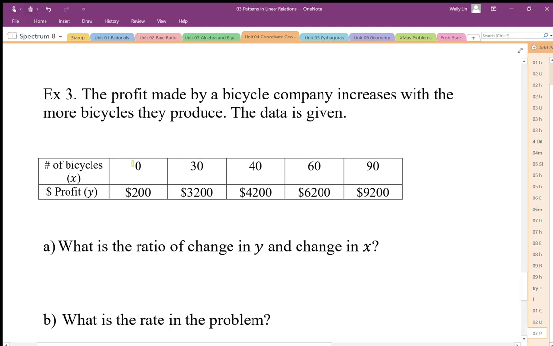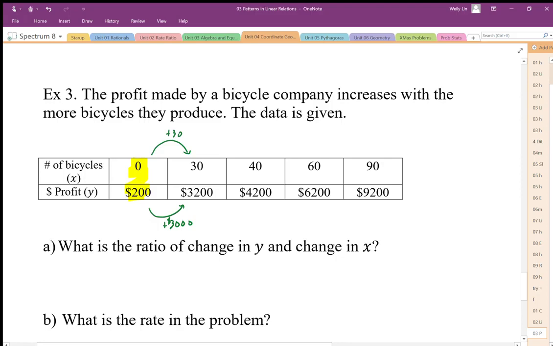This is our starting point, and we're going to go up by some ratio of change, and hopefully it's consistent and it'll give us a straight line pattern. When I look at this ratio of change, there's a plus 30, there's a plus $3,000. So for every 30 bikes, we earn $3,000.